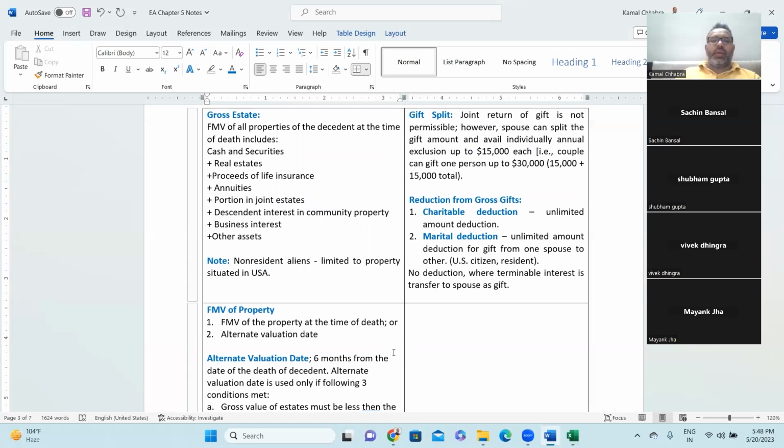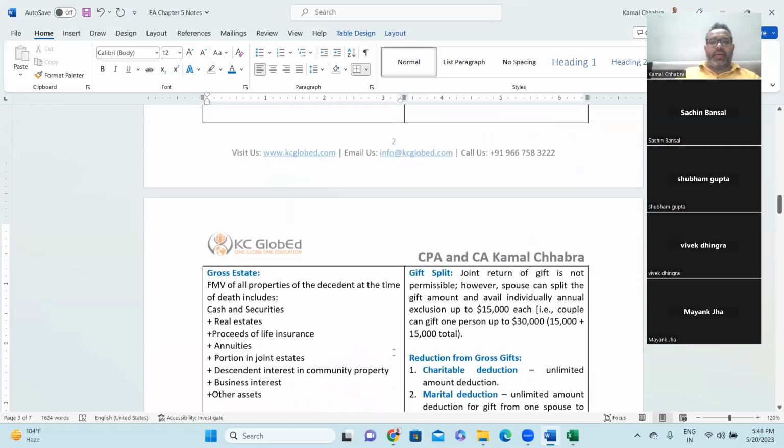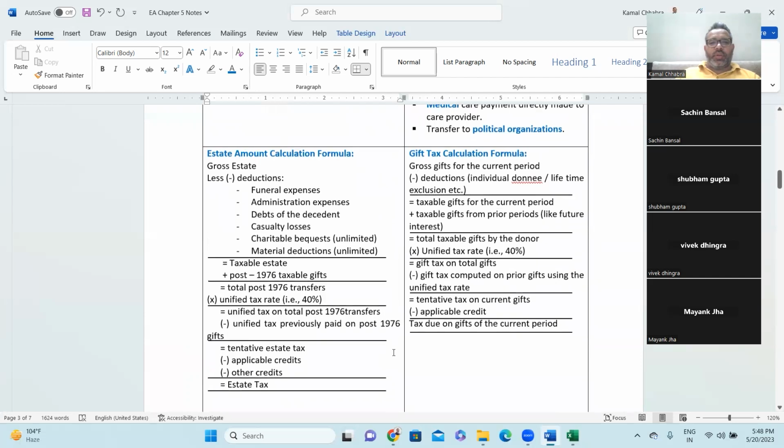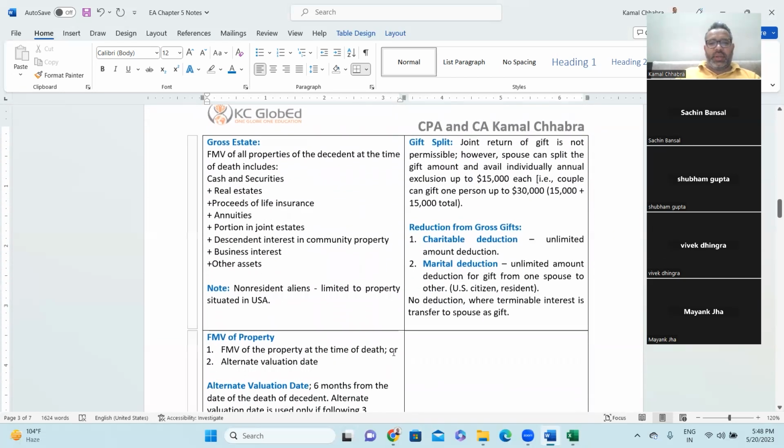Okay, right? So now coming back to the gross estate. What is gross estate? All kinds of property that an individual has at the time of death, whether it's cash, securities, real estate, proceeds of life insurance, annuity, joint estate, descendant's interest, business interest, or any other asset, right?